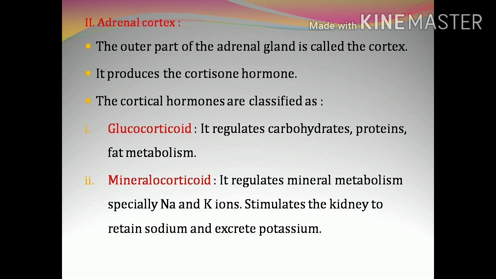This glucocorticoid influences carbohydrate, protein and fat metabolism. Second one, mineralocorticoid or mineral corticoid. It influences the mineral metabolism, especially sodium and potassium ions. It stimulates the kidneys to retain sodium and excrete potassium.